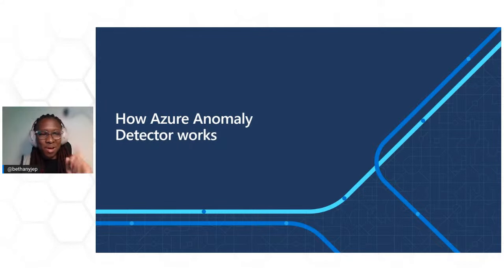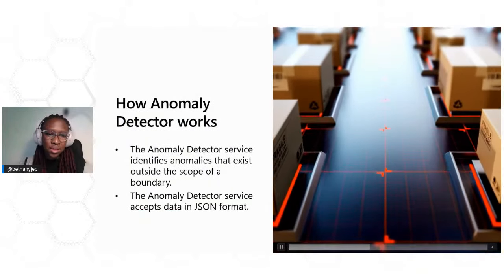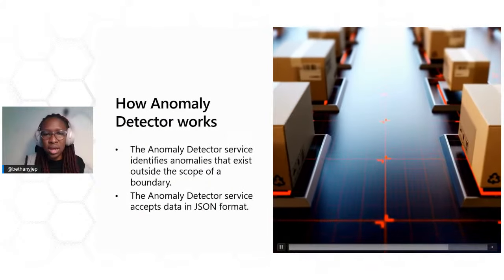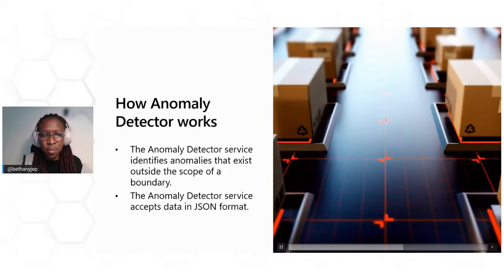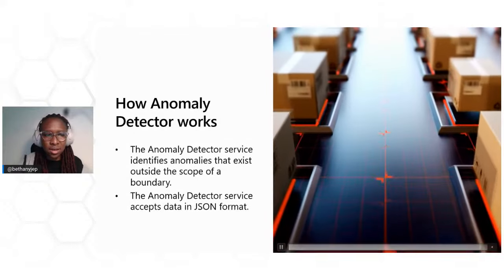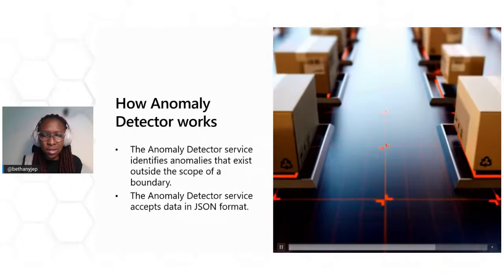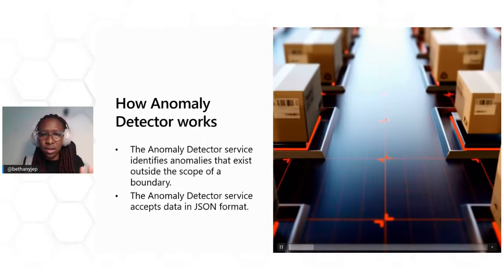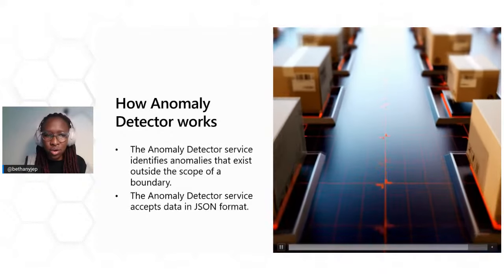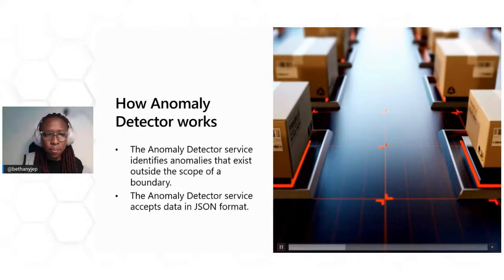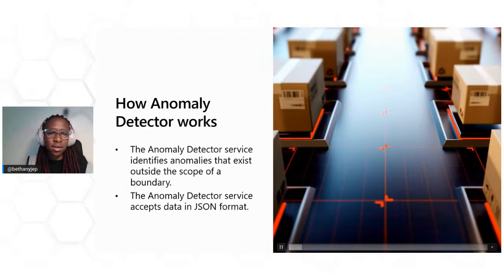So how exactly does the Azure Anomaly Detector work? This is a service that, as we mentioned, analyzes the different anomalies and patterns. When you've already stated your boundaries, it helps you identify the values that occur that are different from where you had initially stated they would be.